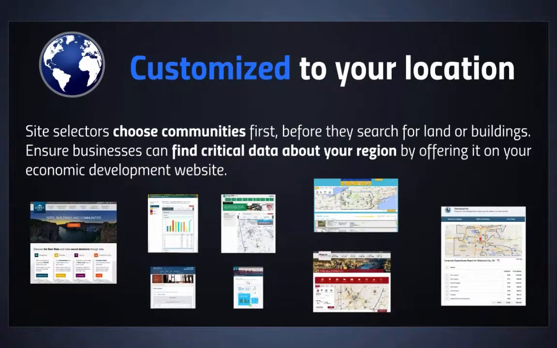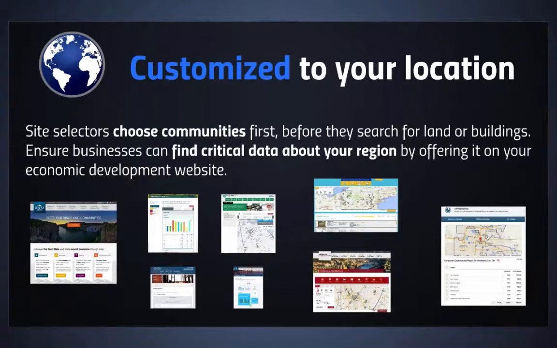All right, let's talk about the idea of it being customized to your location. It's sometimes easy to think that site selectors and businesses are just looking for specific sites or properties, but in fact, we know that they're really looking for communities, for larger locations based on things like business clusters or talent available, workforce data, demographics, infrastructure of different kinds, utilities.